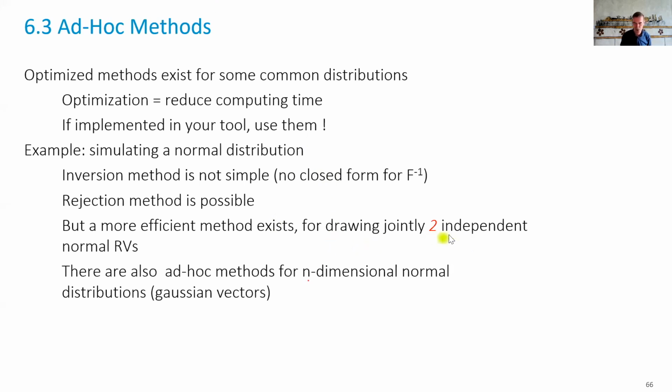So if you ask MATLAB to obtain 1 point, MATLAB will in fact compute 2 and throw away the second one. If you ask MATLAB to compute for you 200 points, then MATLAB will draw 200 random Gaussian variables. MATLAB will draw 100 two-dimensional Gaussian vectors here.